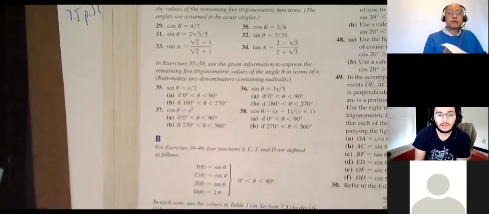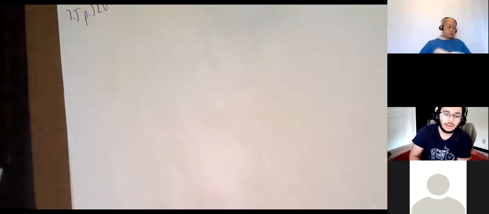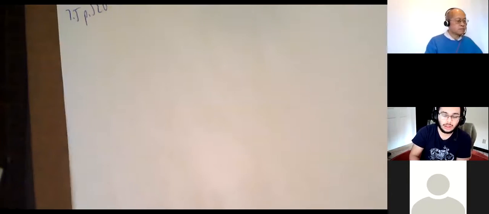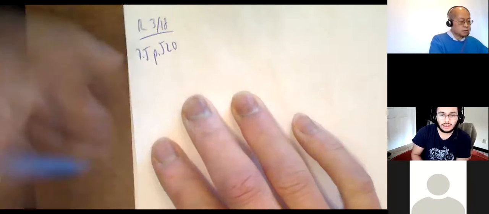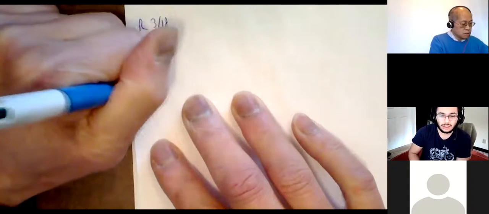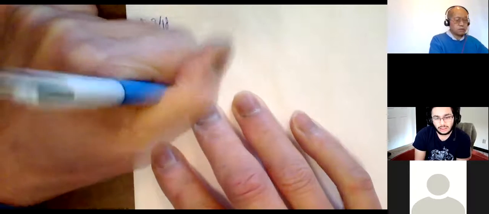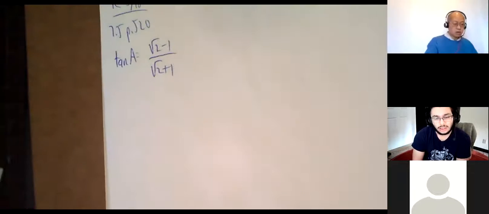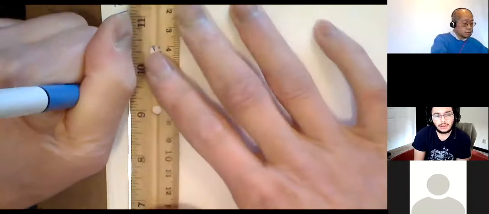Okay, so 33, tangent of A is radical 2 minus 1 over radical 2 plus 1. So how do you do that? I'll do my SOHCAHTOA, draw myself a triangle.